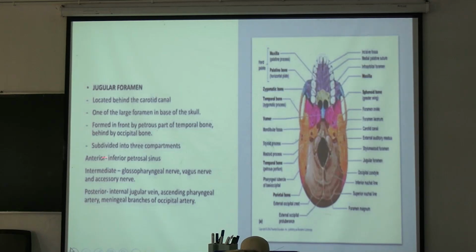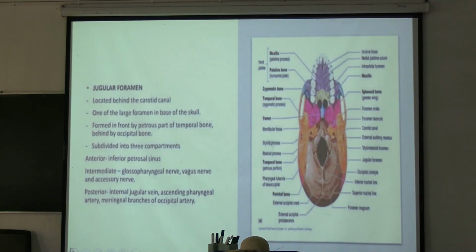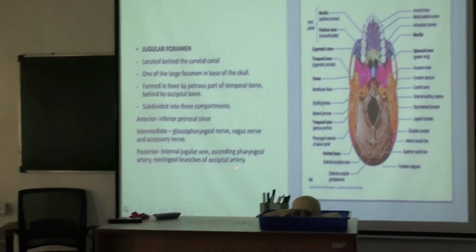The intermediate part gives passage to the 9th, 10th, and 11th cranial nerves: glossopharyngeal, vagus, and spinal accessory. And the posterior compartment gives passage to the internal jugular vein, the ascending pharyngeal artery, and the meningeal branch of the occipital artery. So all these are structures passing through the jugular foramen.